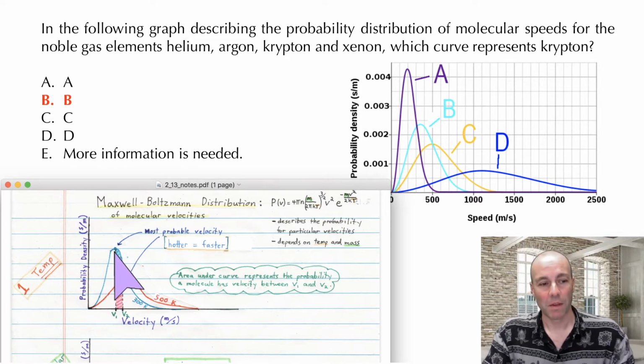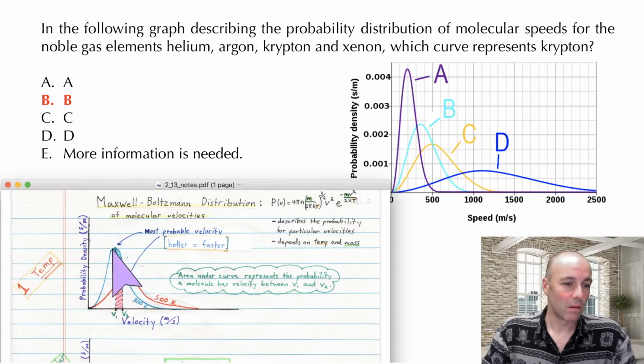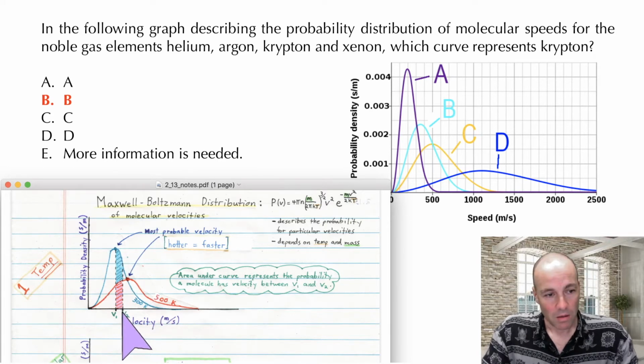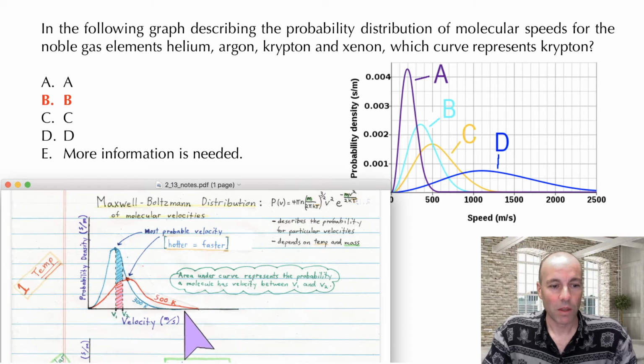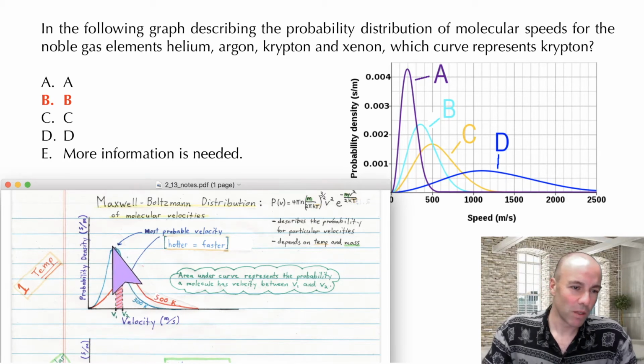Another aspect of the curve that you want to notice is the shape of the curve. The area under the curve you could think of as representing all of the gas particles. So focus on the blue curve. Think about this colder gas and look at the area under the curve.